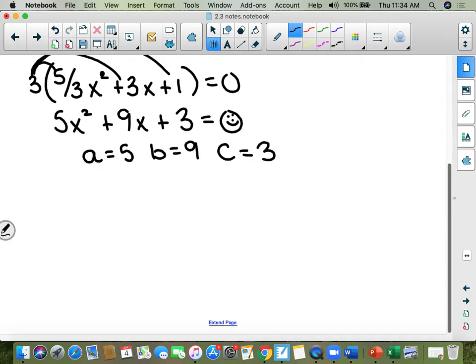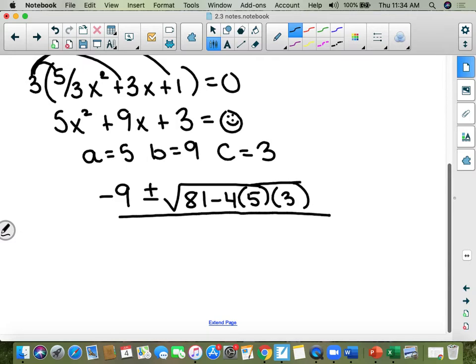Negative b, a negative 9, plus or minus the square root of b squared. 9 times 9 is 81. Minus 4 times a times c, all over 2a, and a was 5, so you're going to have a 10 on the bottom.